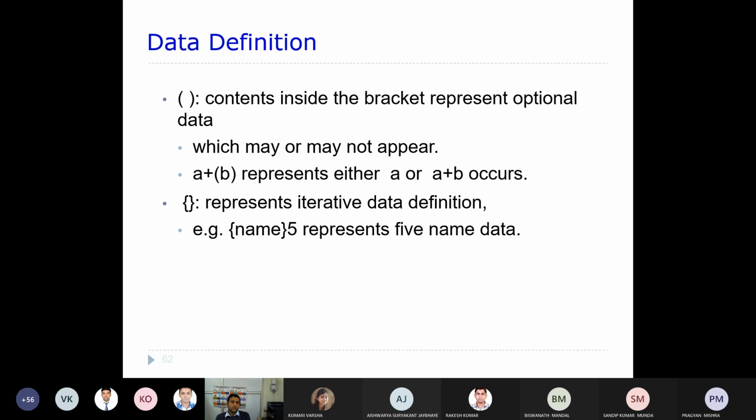So five name data it is going to take. That means the same definition will be applied 5 times.